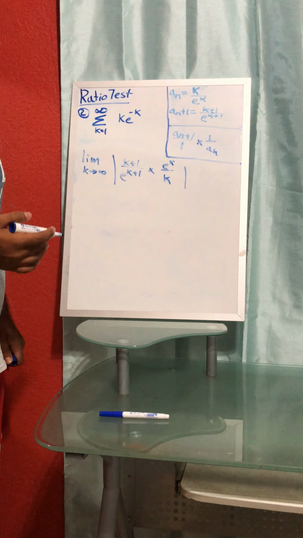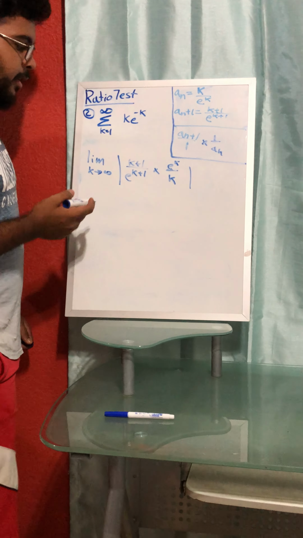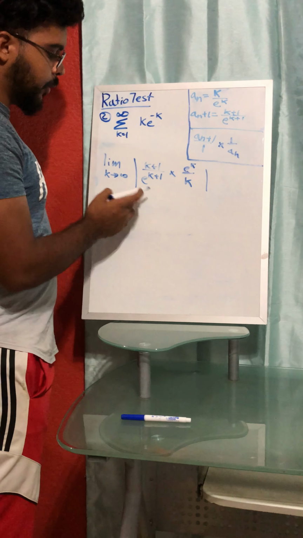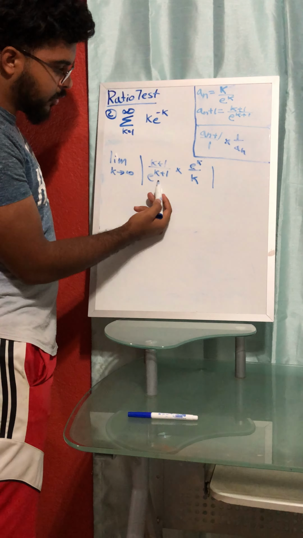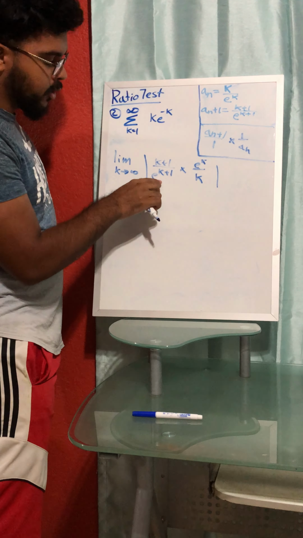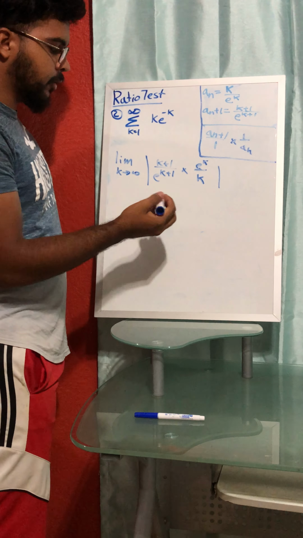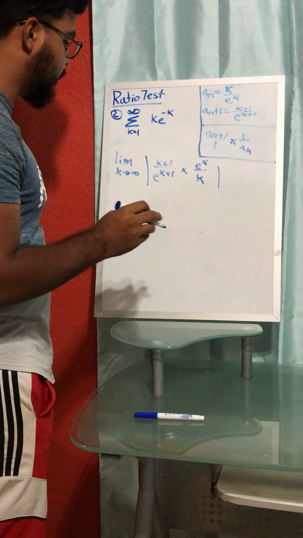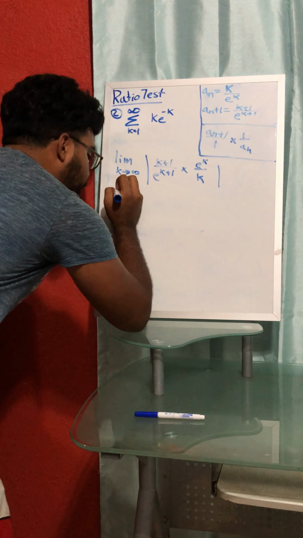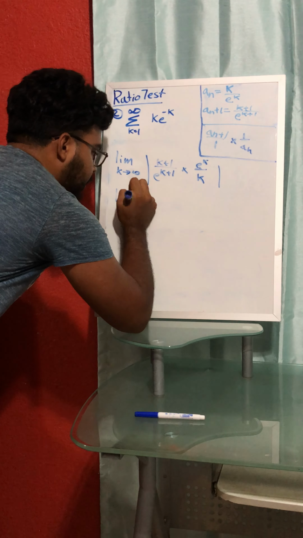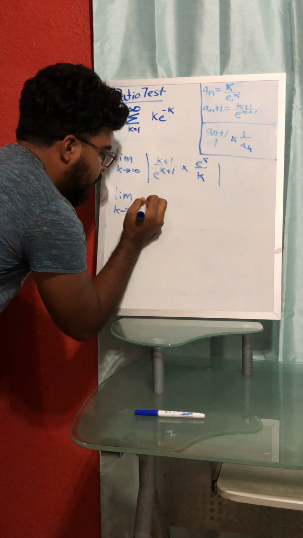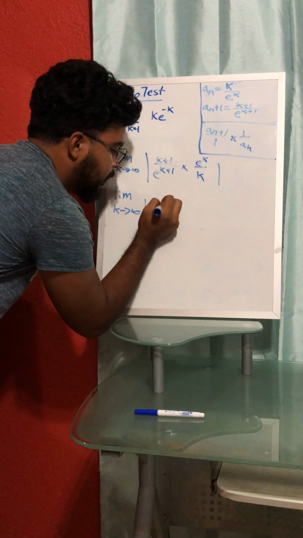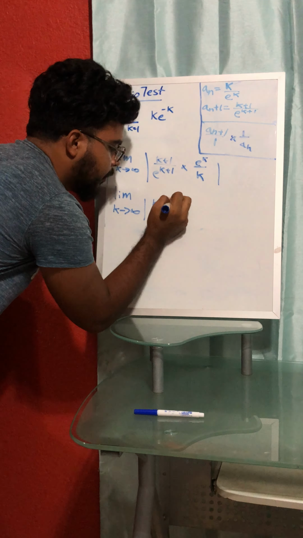Now the next step is that we will change the formatting of this problem specifically right here so that we can clearly see that we can cancel out. Alright, so I'll be writing this limit part again. k approaches infinity. Keep the numerator the same.